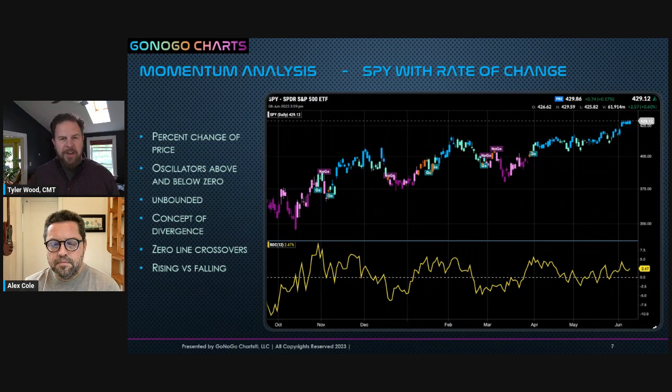Now, Alex just talked about the concept of divergence, which is very powerful, and we can look at that interplay between trend and momentum for important signals of exhaustion or expansion. However, this is not an infallible tool. So we can see a bearish divergence, right? We have a lower high in the rate of change as price makes a higher high, but that does not precede a falling price, right?